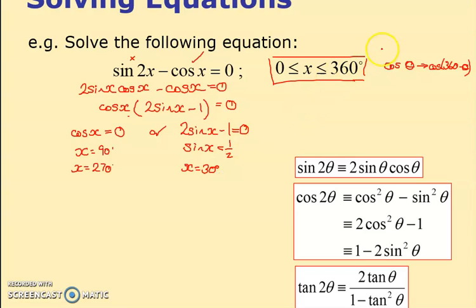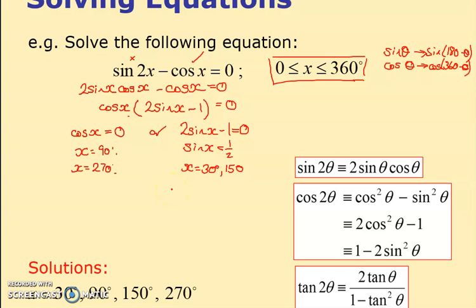Sine theta gives me another solution at sine of 180 minus theta, so 180 minus that is 150. I can always add 360 onto my answers, but that will take me past the range. So that's all my answers.